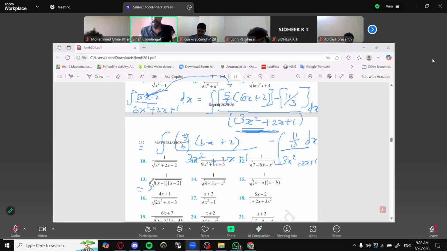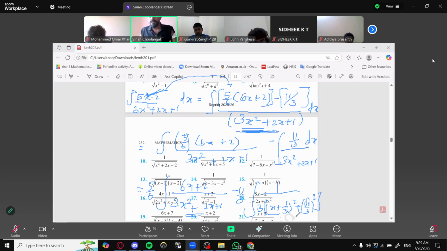We don't want that over there. 6x plus 2 I wrote. Now you have to see the magic, my dear. This 11 by 3 also we can take out. Here I am replacing with x plus 1 by 3 the whole square plus root 2 by 3 the whole square. Here I didn't replace, here I replaced. The purpose I'll tell you. Also you can see one magic.